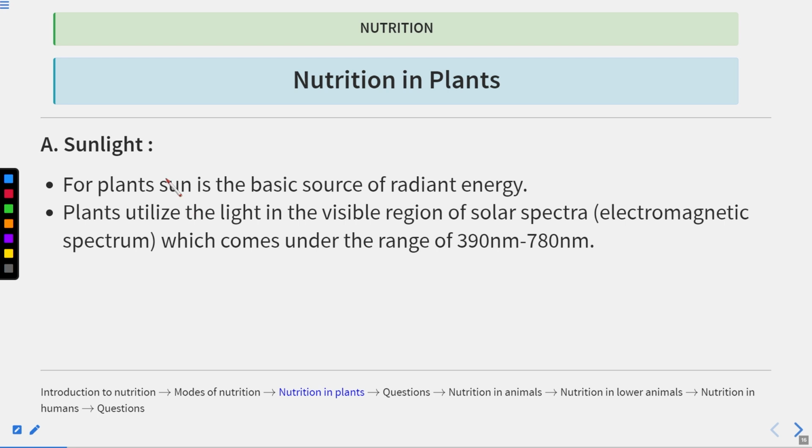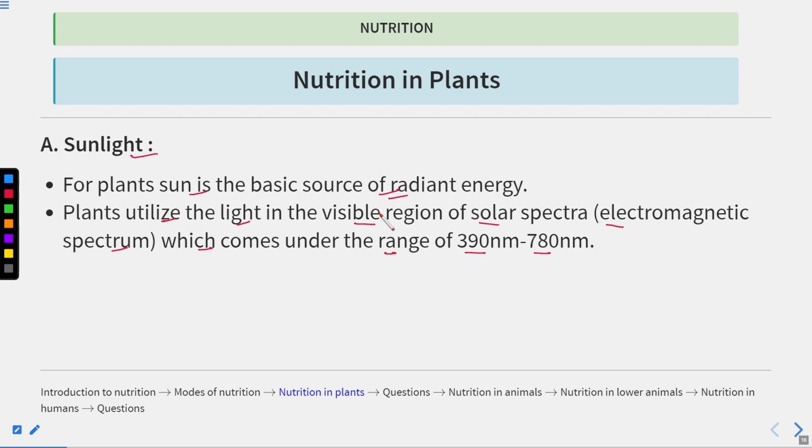Now let's talk about the sunlight first. For plants, the sun is the basic source of radiant energy, and plants utilize the light in the visible region of the solar spectrum, which is part of the electromagnetic spectrum, in the range of 390 to 780 nanometer. What does this mean?